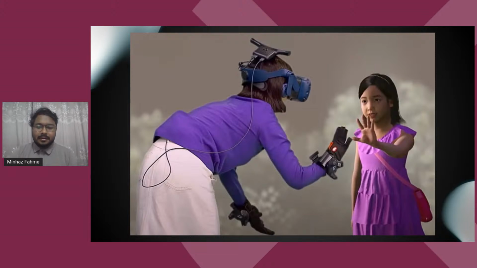I'm guessing if you are a VR enthusiast or an XR enthusiast, you probably have come across this particular picture or experience, whatever you call it. It's something that happened in South Korea where a woman wished to see and interact with her deceased daughter.